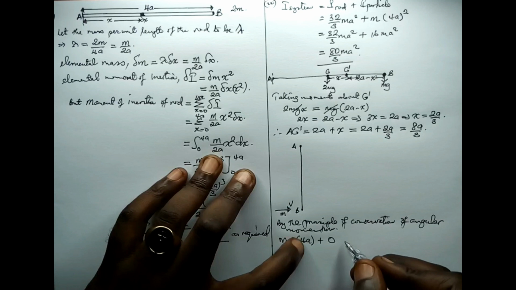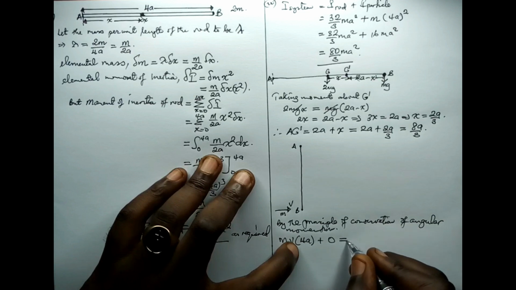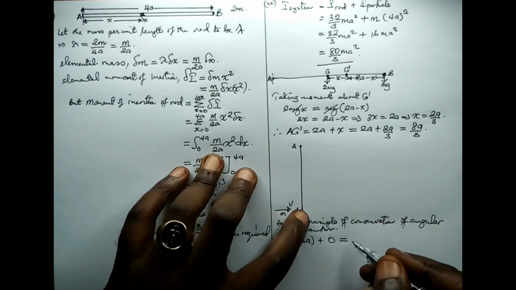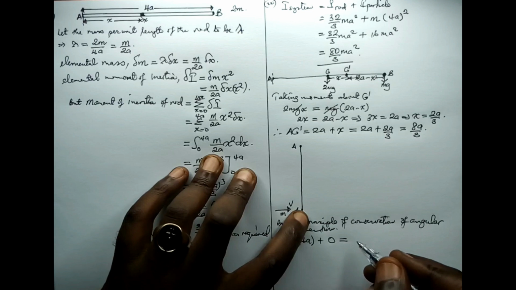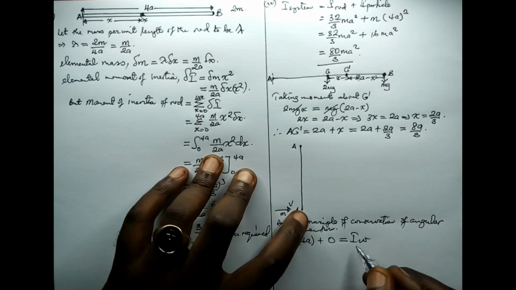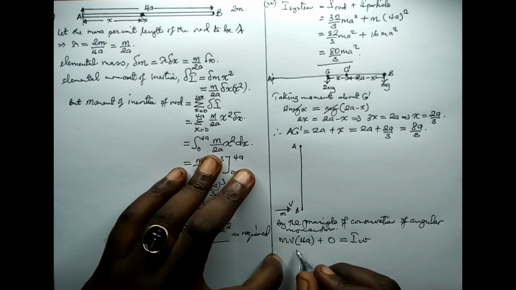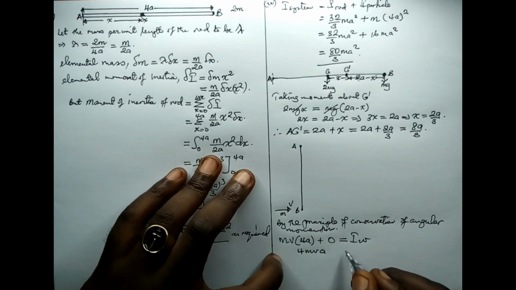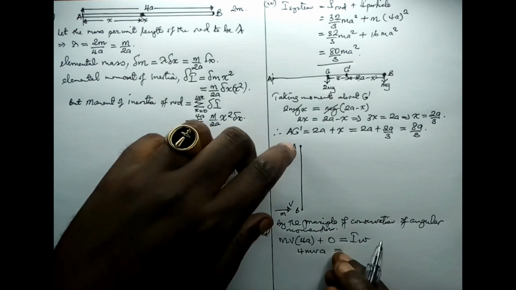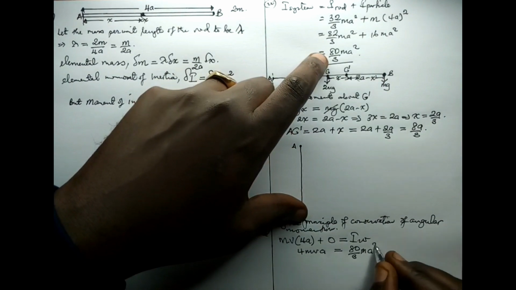That means the rod was initially stationary, so its momentum is 0, equals, once the particle adheres to the rod and the system begins rotational motion, the total angular momentum of the system, which is I omega. Moment of inertia times angular speed gives you angular momentum. And so we should have 4mva equals I of the system, which is 80 over 3 ma squared, times omega.